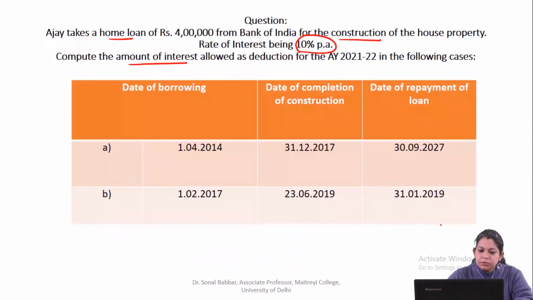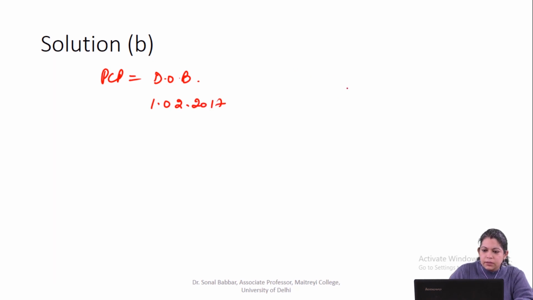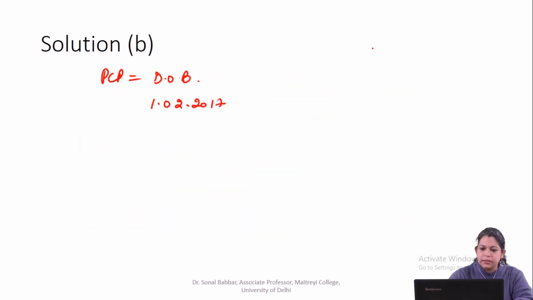Let us see the PCP for the second case. The date of borrowing is 1st February 2017 and date of completion of construction is 23rd June 2019. So 31st March prior to the date of completion is 31st March 2019.